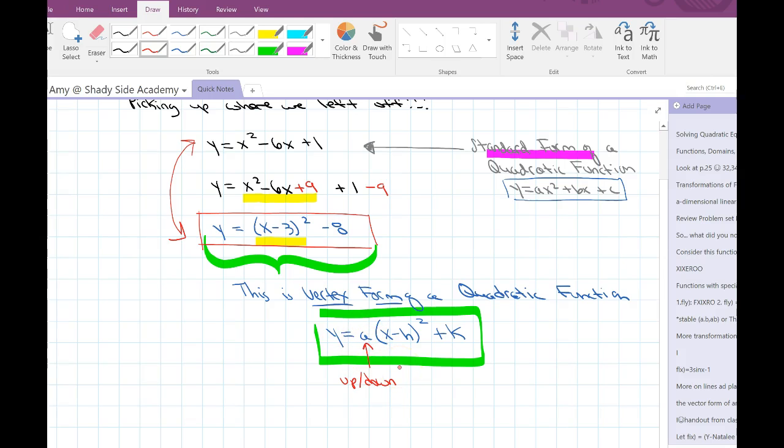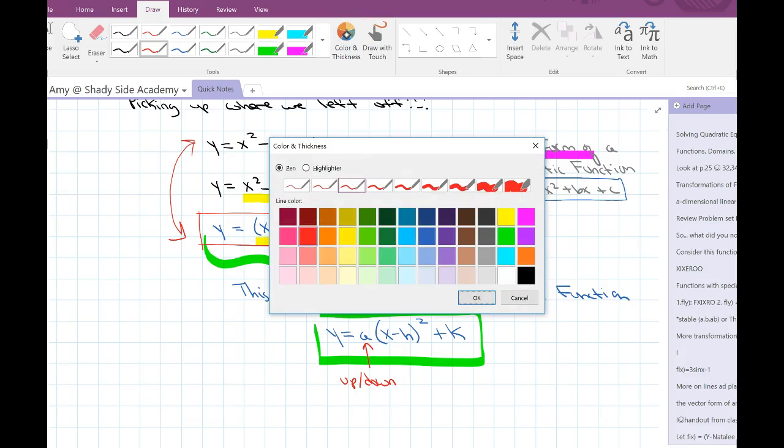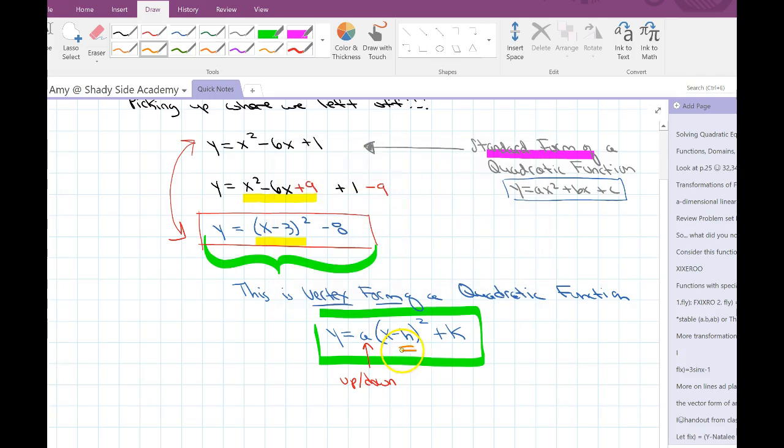What is new for us is this. If you have your function written in vertex form, what that tells you really nicely is the vertex of your parabola is located at the point h, k. The one thing you have to be careful of here is the signs.